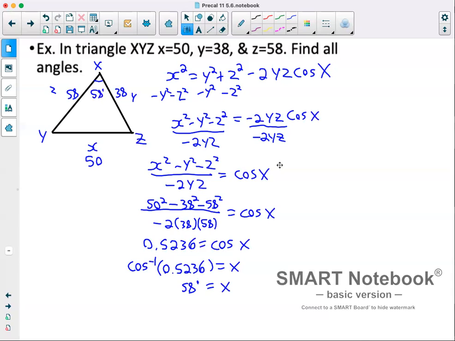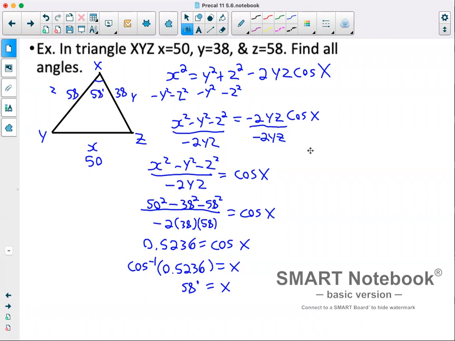As you may have noticed, to find an angle using cosine law, it takes a lot of work. So if we can use something else, we would probably use it to get the next angle. For example, if I want to solve for angle Z, I can now use sine law because I have an angle and its opposite side.